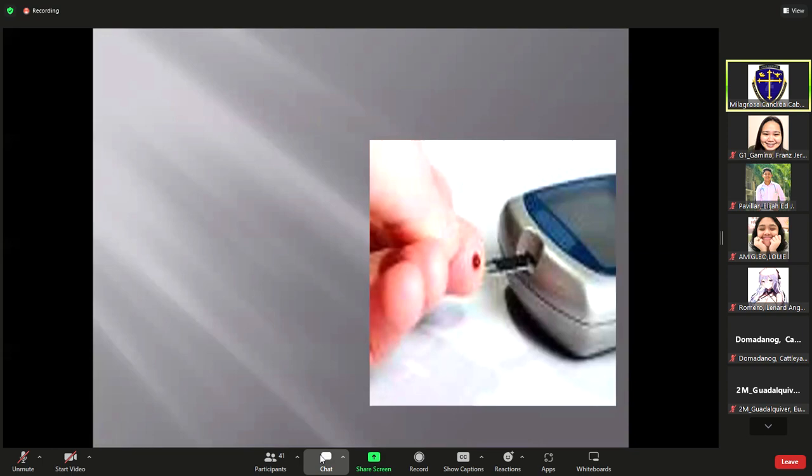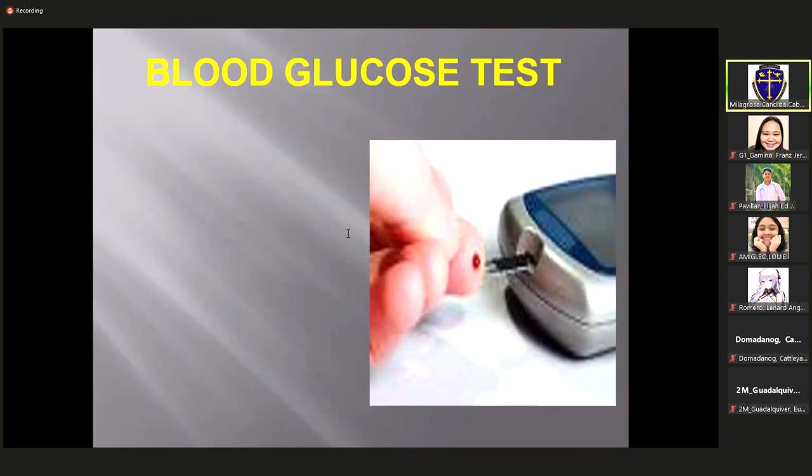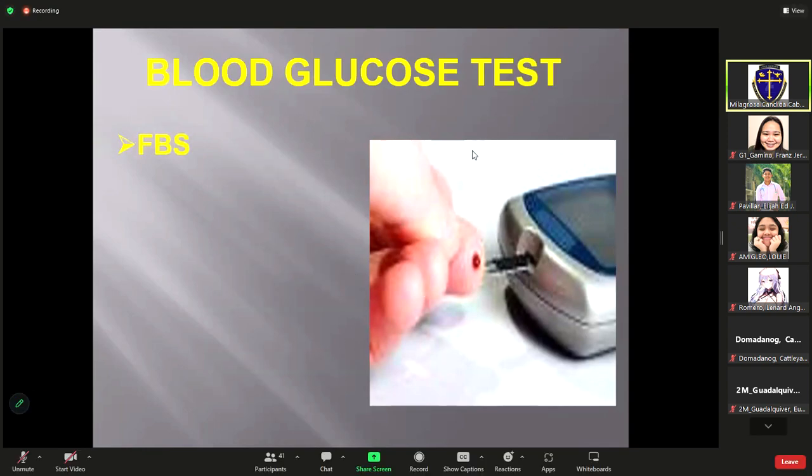Alright. So, from the picture alone, you can already see what it is. So, we have the blood glucose test. We have the FBS or fasting blood sugar. The mother is made to fast around 8 to 10 hours, for a very good result. A blood sample will be taken after an overnight fasting.